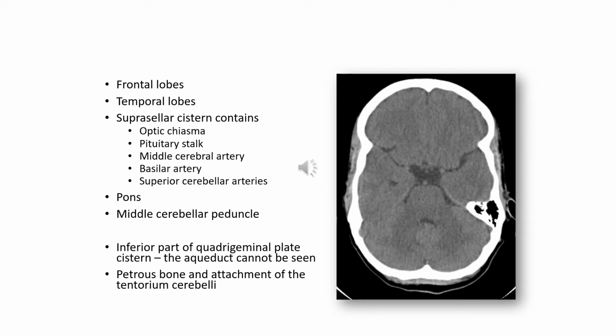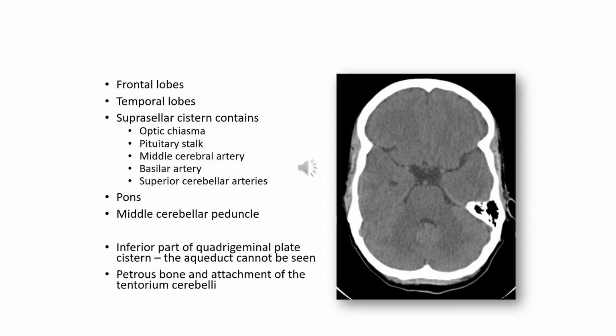If you click again, you'll see an expanded view of the part of the posterior fossa, and the large red arrow will show the inferior part of the quadrigeminal plate cistern. The aqueduct will not be seen on the CT scan.